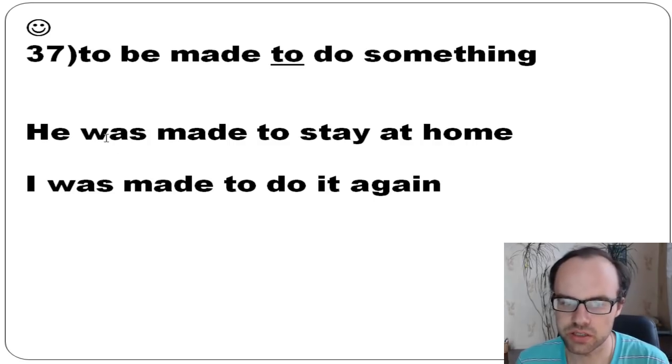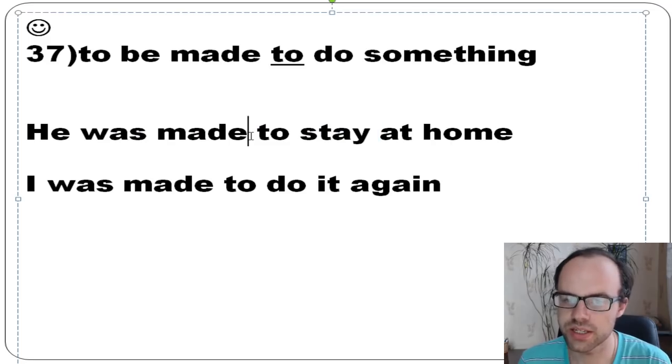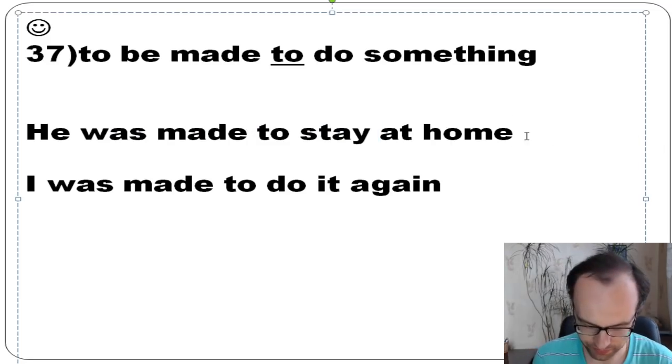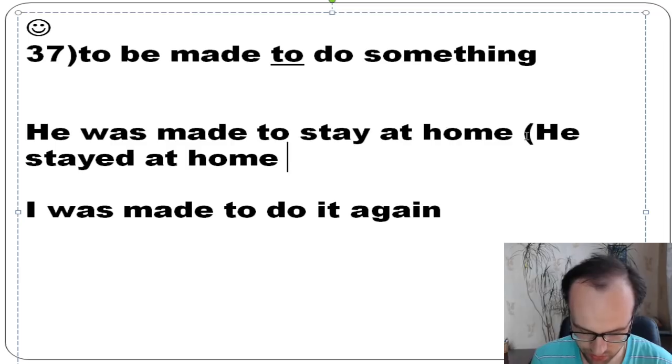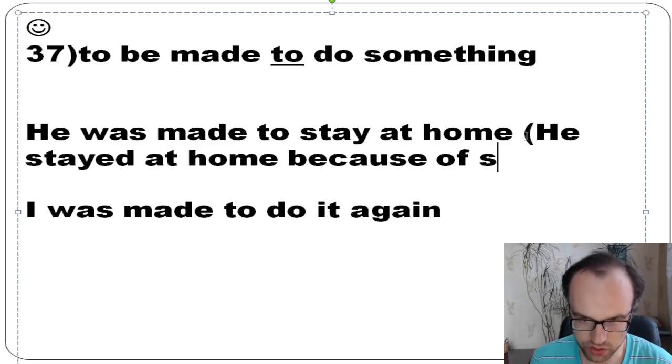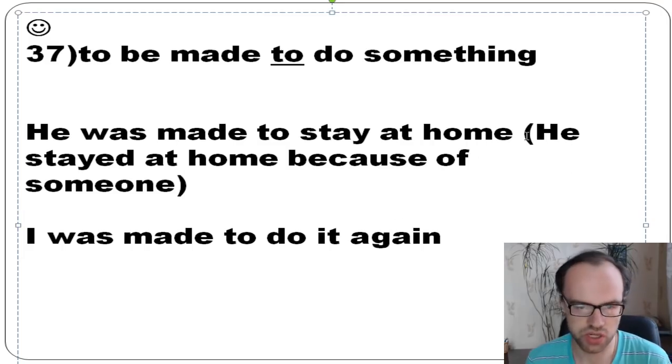He was made to stay at home. It means that he stayed at home because of someone. So someone told him, you'll stay at home, and he stayed at home.